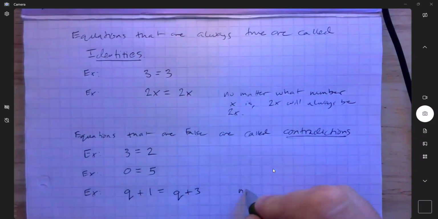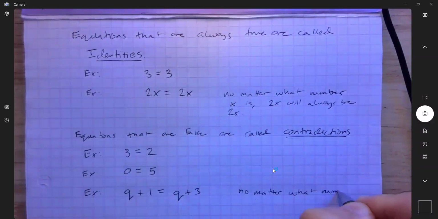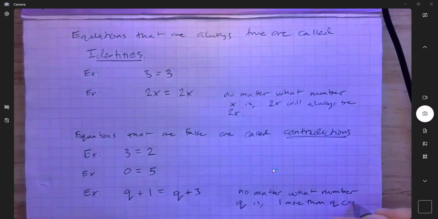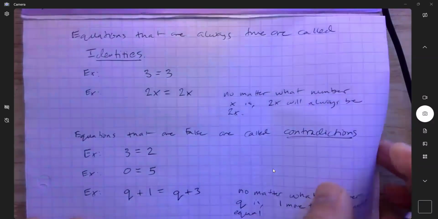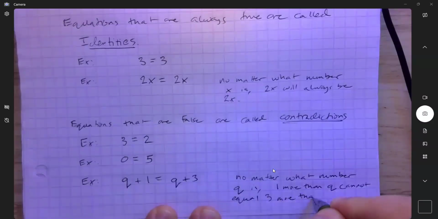Well, no matter what number q is, 1 more than q cannot equal 3 more than q.